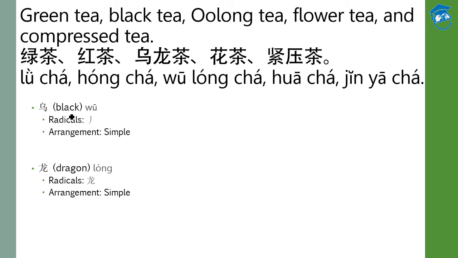Okay, this is the pinyin wu, and the radical is this one, so the arrangement is simple. Let's look at how to write wu. 1 2 3 4. Okay, 4 strokes for this word, wu.